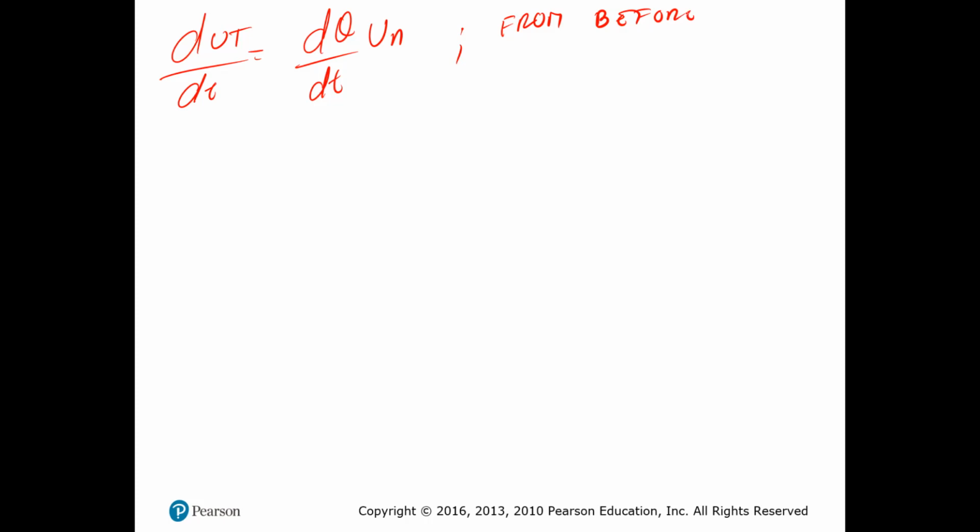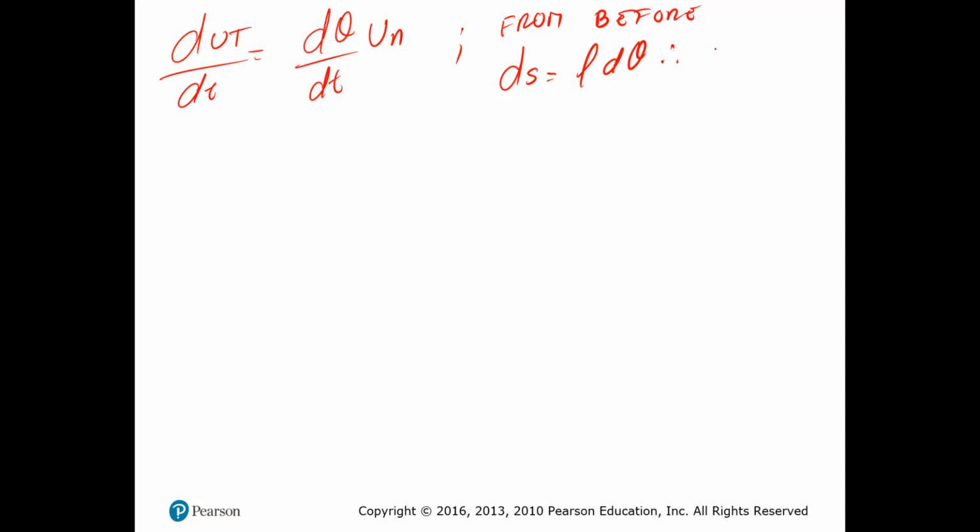Like I said, let me just rewrite everything so people don't get confused. dut with respect to the time is equal to d theta over dt that multiplies un. Then from before, we know that ds is equal to rho d theta.